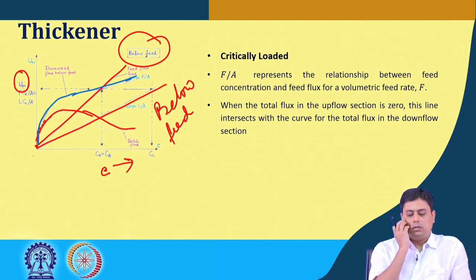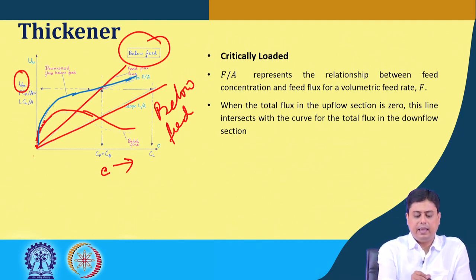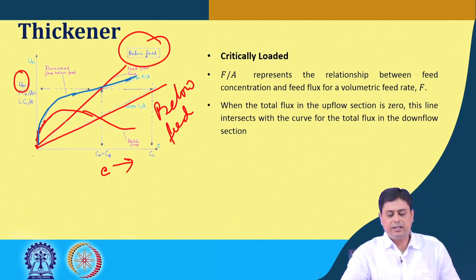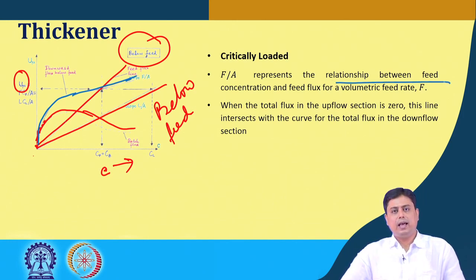Now, this F by A, physically what it means, it represents the relationship between the feed concentration and the feed flux for the volumetric feed rate F.